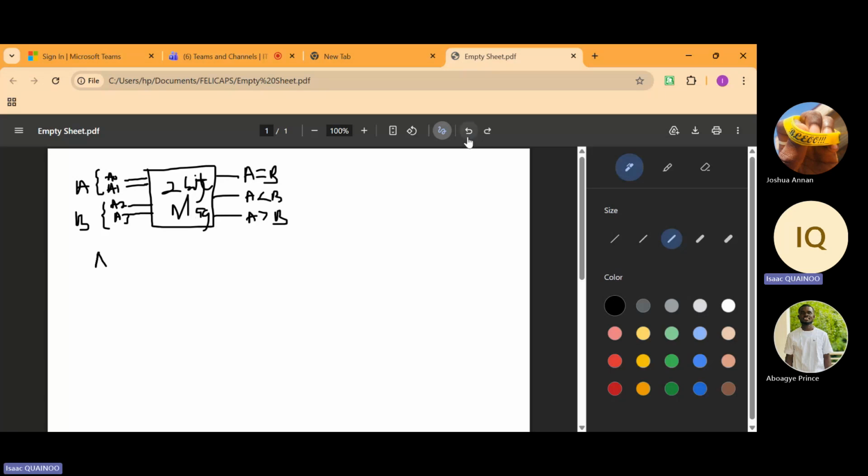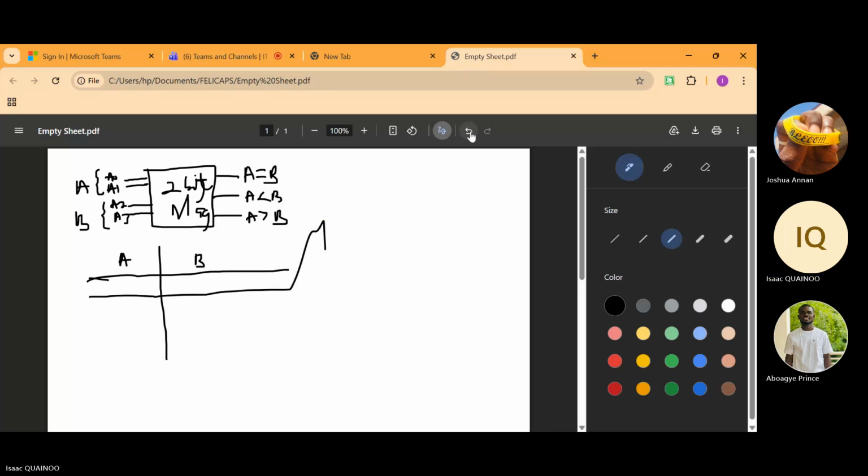To make it easier for us, let's do this: we have A, and then we have B. Under A, we have A0 and then A1.